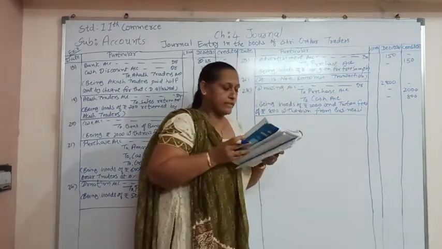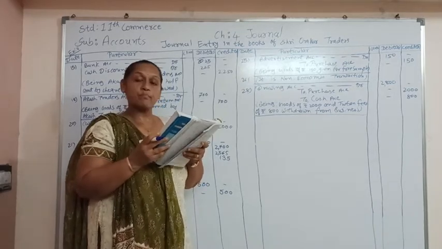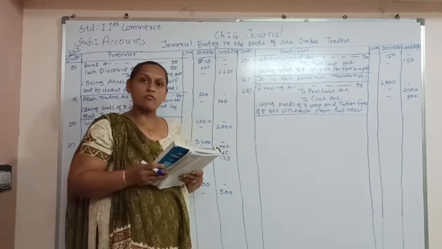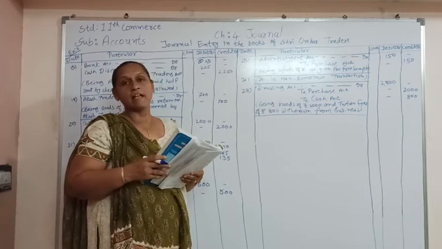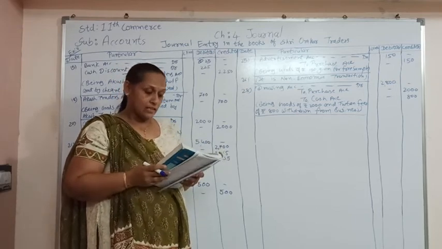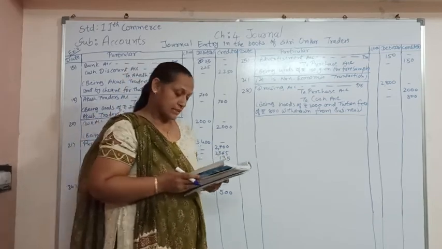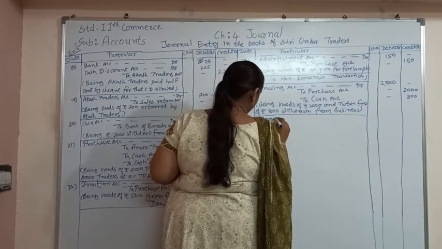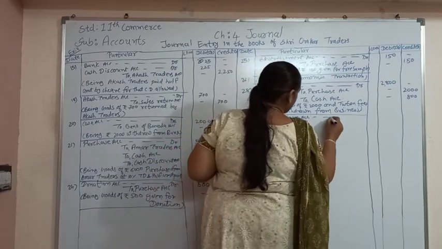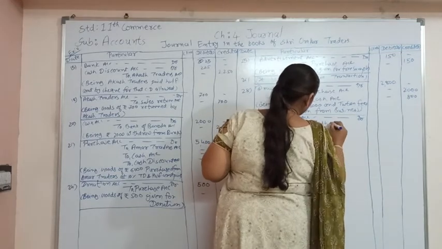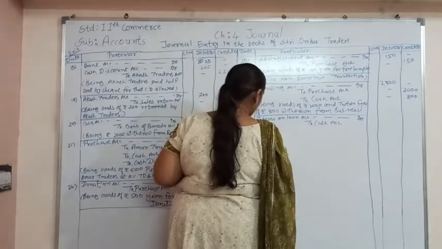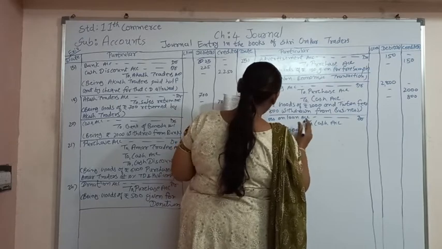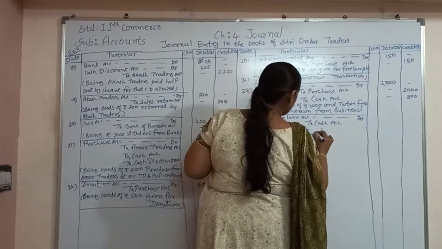So now interest of 3 months paid on loan of Pragna. So here interest when we are paying, it is our expense. So interest on loan of Pragna account debit to cash, that journal entry we are going to pass, and we have to count the interest on 20,000 at the rate of 8% for 3 months. That also we are going to count. Okay. So here journal entry will be interest on loan account debit to cash account. And here let's calculate interest. So here amount is 20,000 and percentage is 8% upon 100 and the month is 3 months.